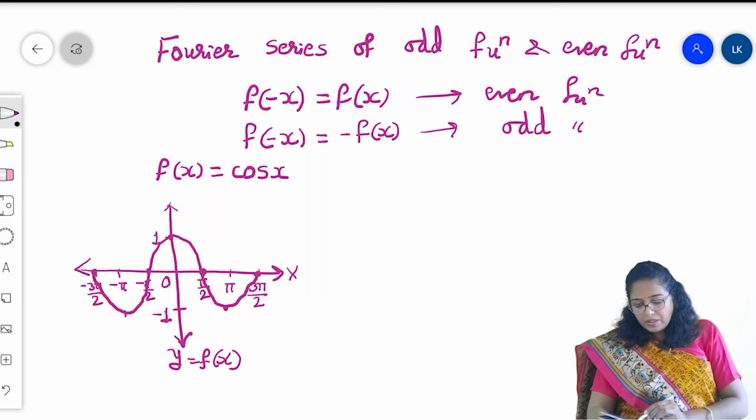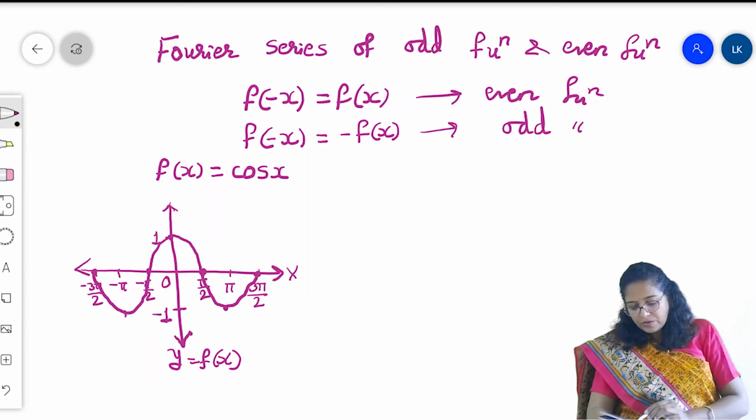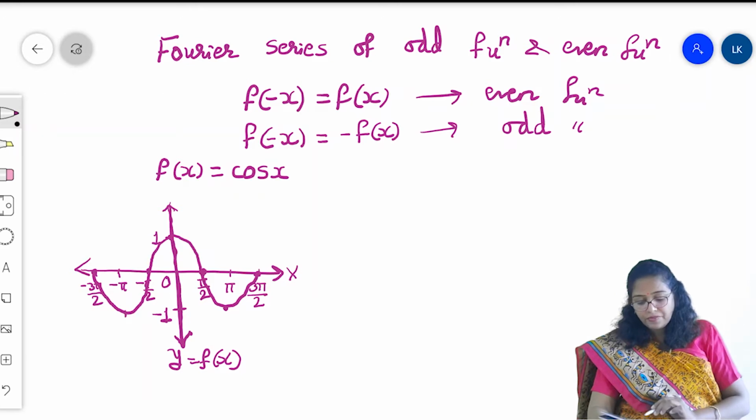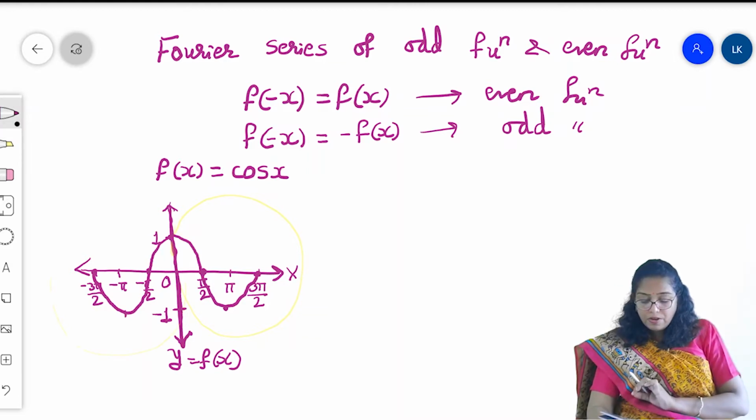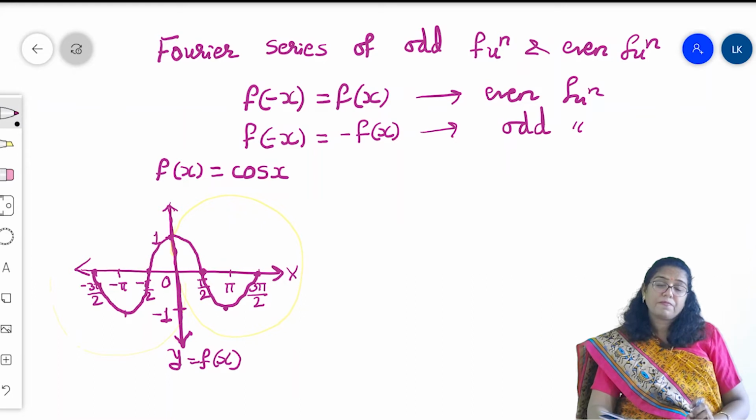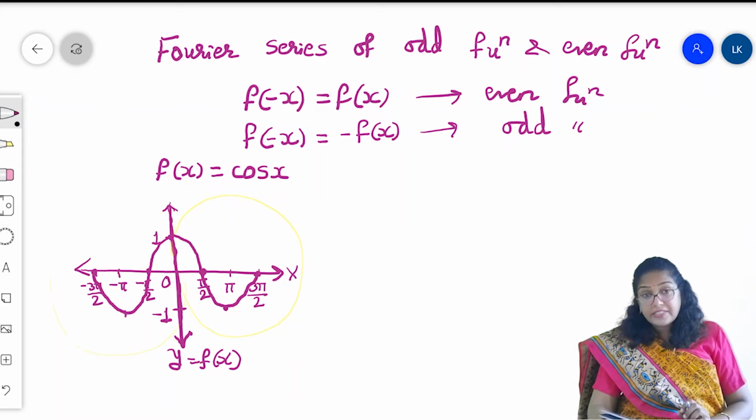Now, if we put a mirror on the y-axis, then we have the same image on the opposite side. The graph on the left hand side is the same as the graph on the right hand side of the y-axis. Therefore, from the graph, we can say directly it is an even function.